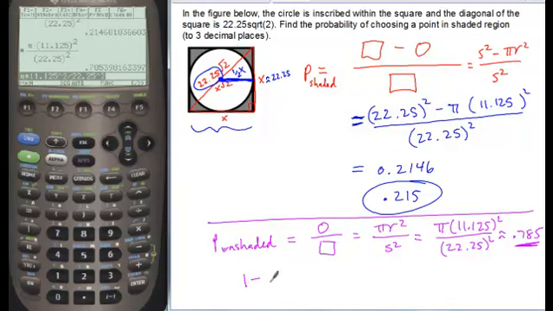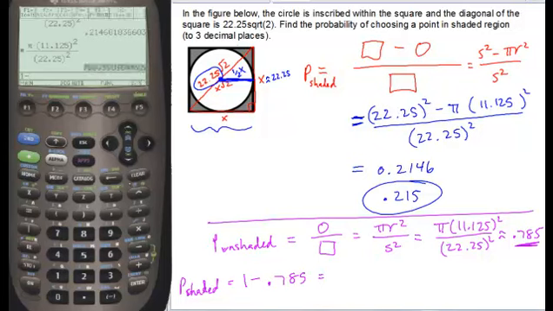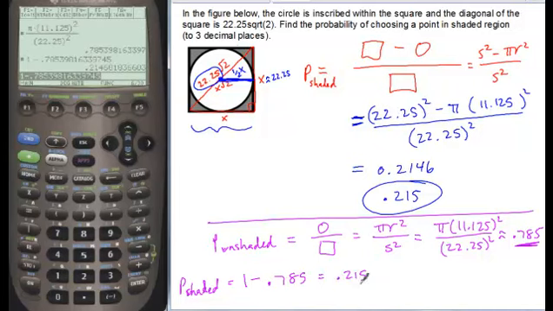So if we just took 1 minus the unshaded, that's going to give us the probability of the shaded region. If we just took 1 minus this number, it would confirm the same thing that we got up here. 0.215 would be our solution. So you can do it either way.